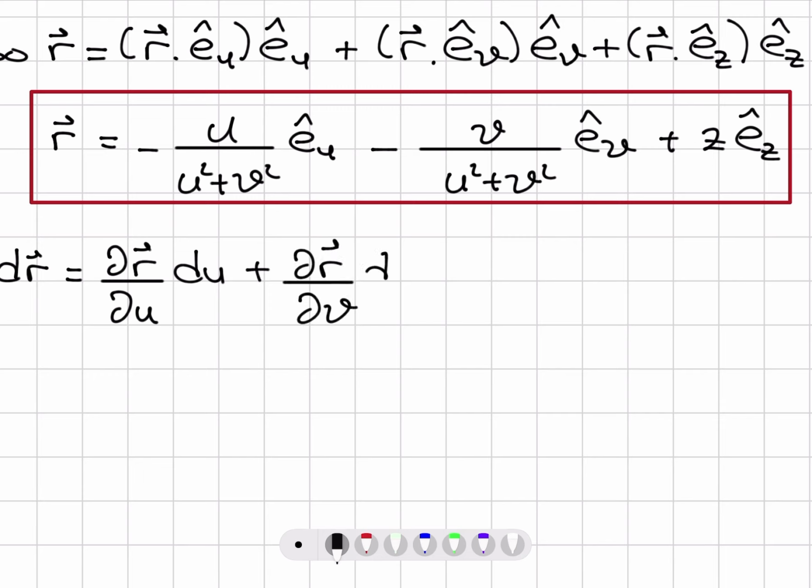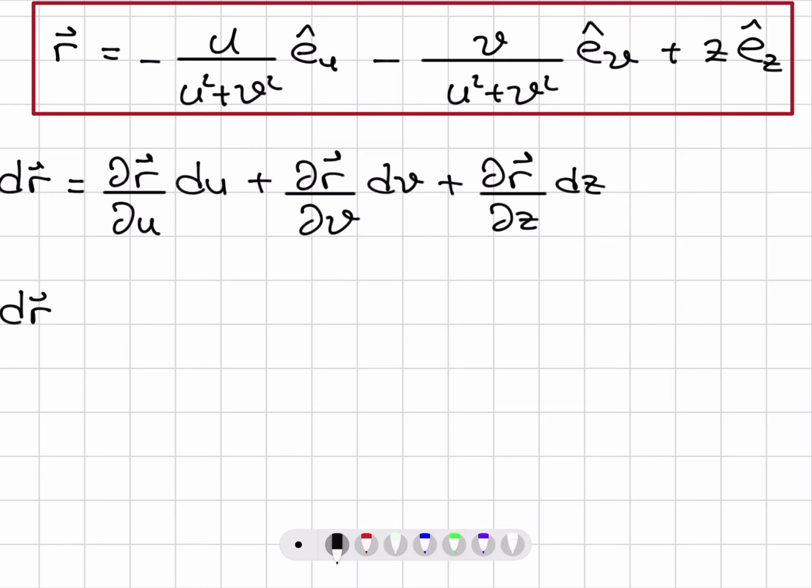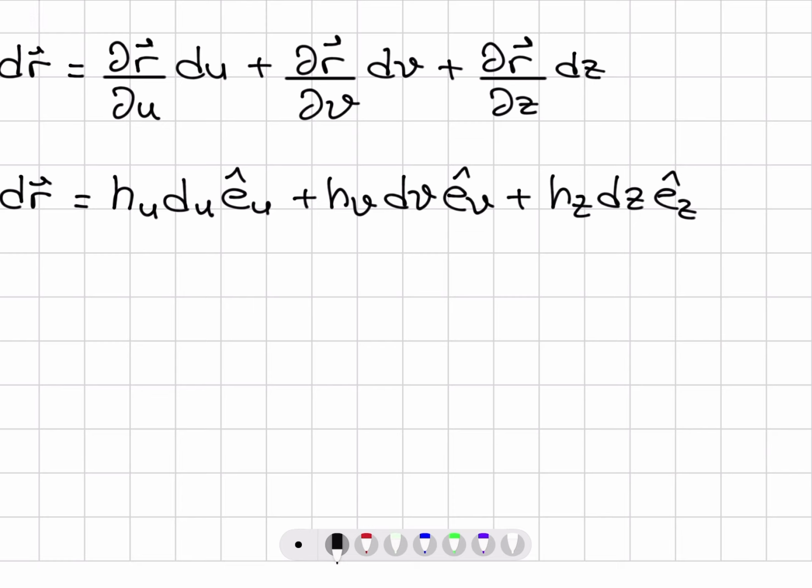And now you can see that because the unit vector was this divided by its magnitude, this is equal to hu du in EU hat direction. This is hv dv in EV hat direction, and this is hz dz in EZ hat direction. So all I have to do is substitute the scale factors.